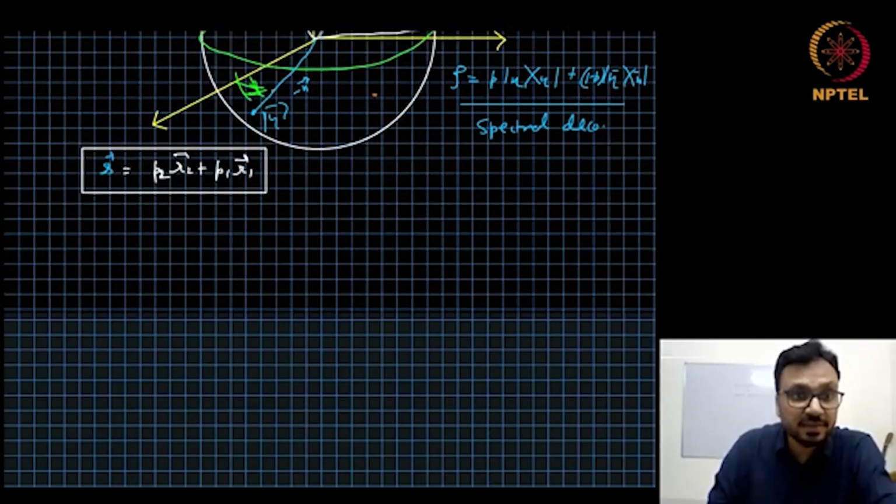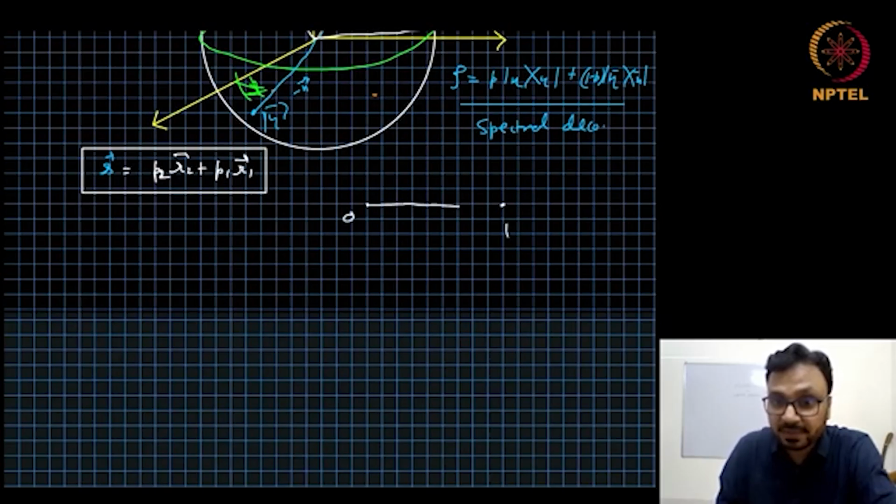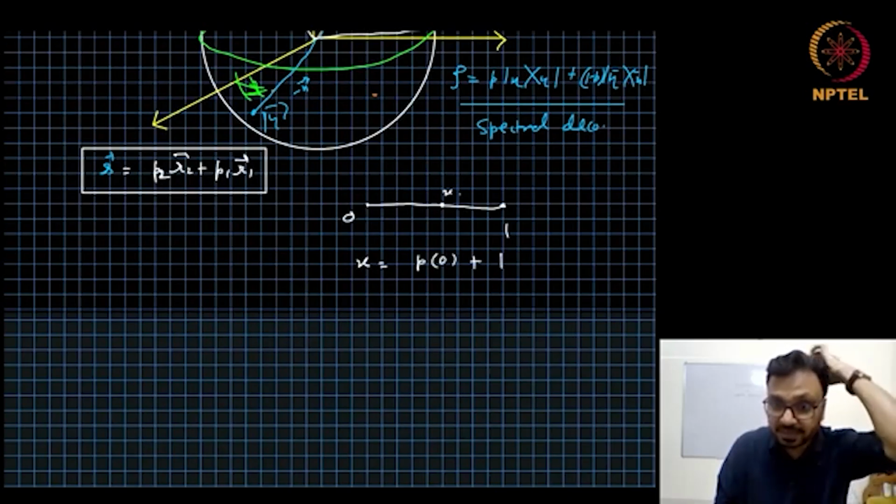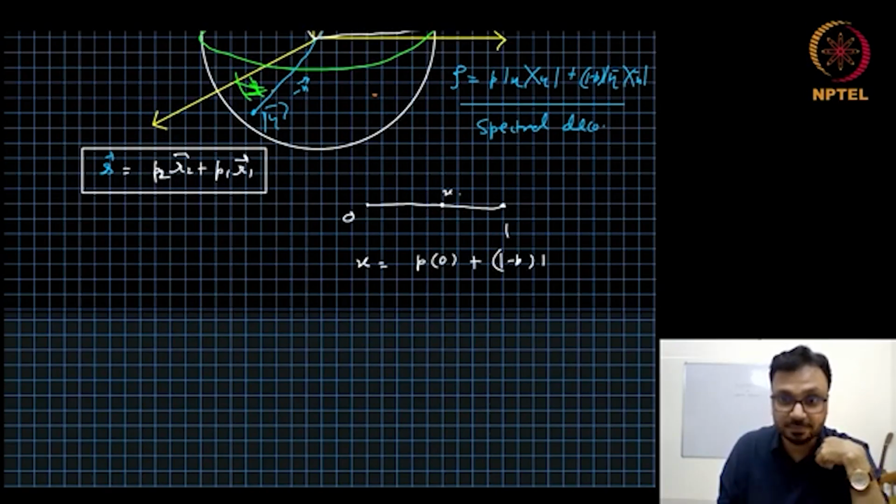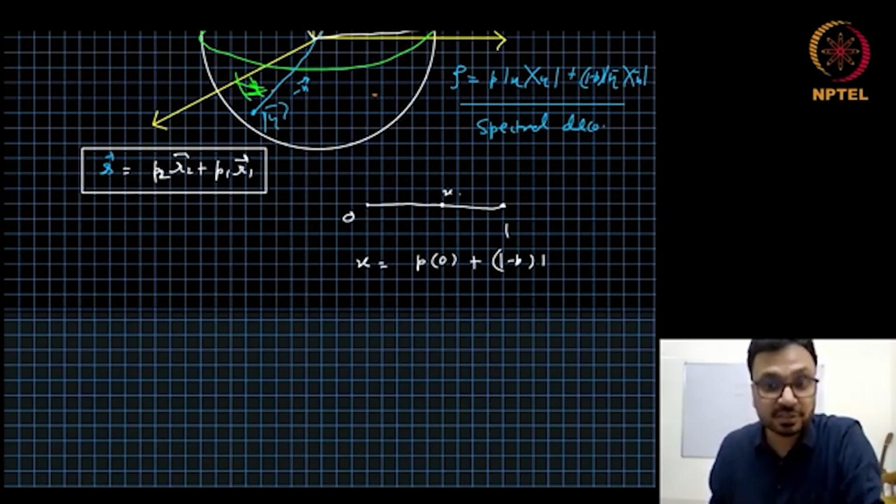This can be understood simply: if we have 2 points, 0 and 1, and any point between them, here, x can be written as p times point 0 plus (1 minus p) times point 1, because it's a convex combination of the 2 points.